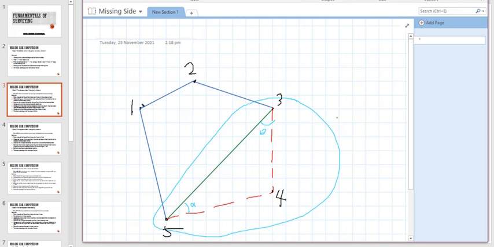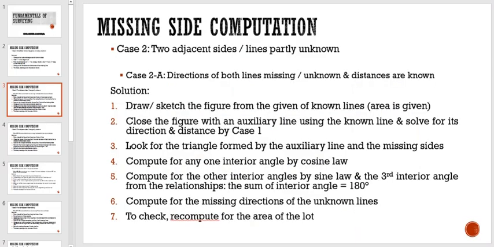Then compute for the other interior angles by sine law, and the third interior angle from the relationship, the summation of interior angles must equal 180 degrees. Then compute for the missing directions of the unknown lines. And lastly, recompute for the area of the lot if area is given.